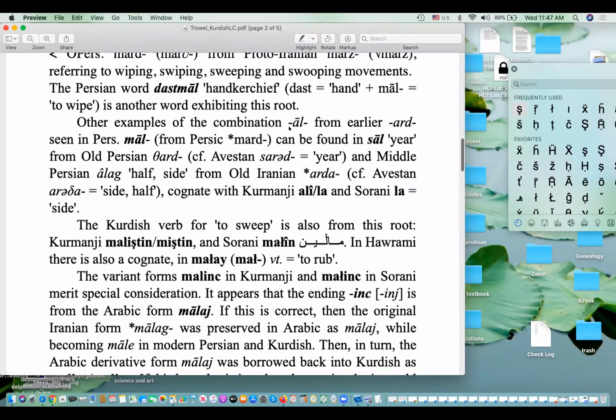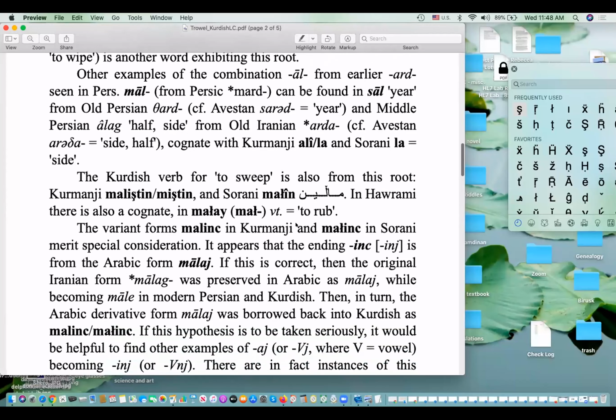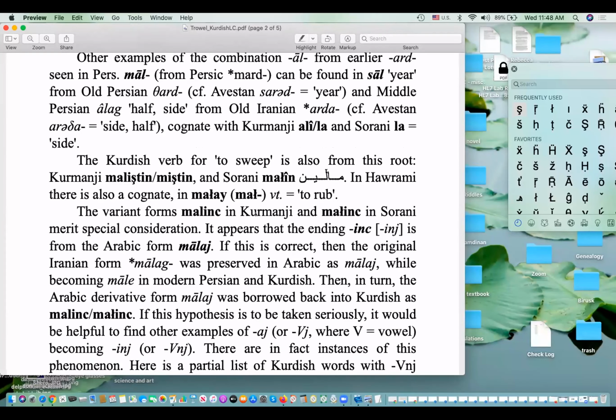Other examples of al from an earlier ard in Persian include the word sal, meaning year, from Old Persian tharda, Avestan sarad, and the Middle Persian alag, half or side, from Old Iranian arda, which is cognate to Kurmanji ali or la and Sorani la. Also, the Kurdish word for to sweep is from this root, malishtin or mishtin, and Sorani malin.